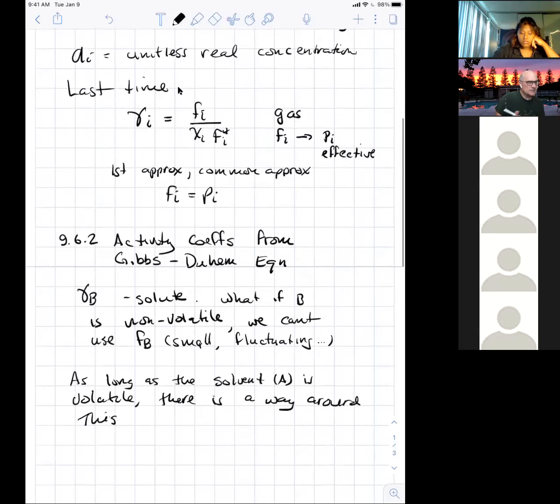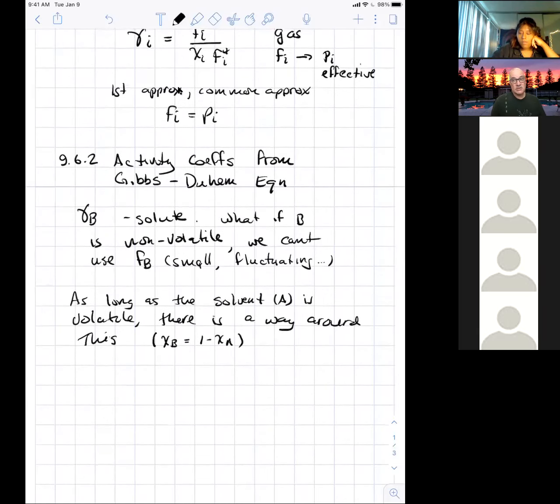It's similar to the way that the mole fraction of B is 1 minus the mole fraction of A in a two-component solution. There's a dependency there. So there is also a dependency between what's going on with the solute in the solution and the solvent in the vapor phase. And we use Gibbs-Duhem to do that.